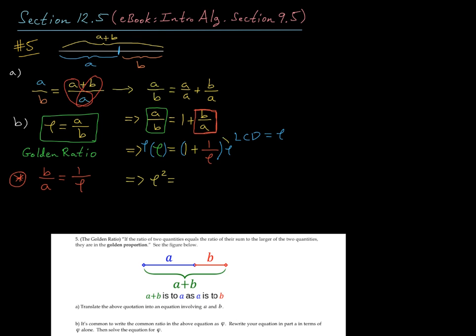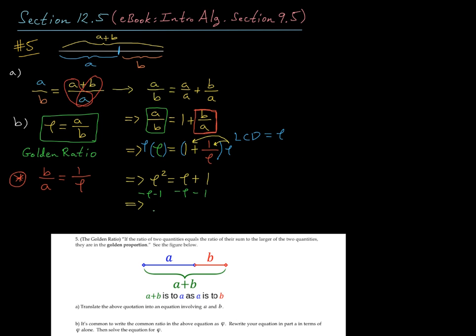And over on the right side, I'm going to distribute the phi here and here to give us phi plus, and 1 over phi times phi, those would cancel out, and I'm just going to get 1. Okay, so this is a quadratic equation. So I'm going to go ahead now and subtract both phi and 1 from both sides.